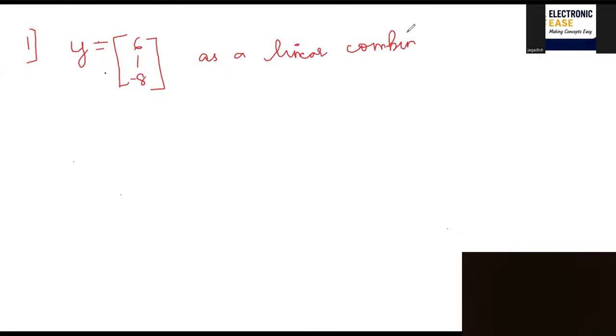So how will the question come? Write down: express the vector y equal to 6, 1, minus 8 as a linear combination of a vector.